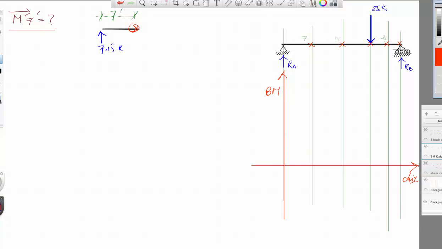So this will rotate in this direction, meaning that the bending moment at a distance of 7 is equal to minus 7.15 kips multiplied by 7 feet, which is equal to minus 50 kip-foot. That is the first value.